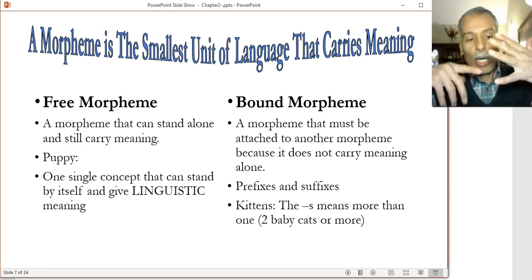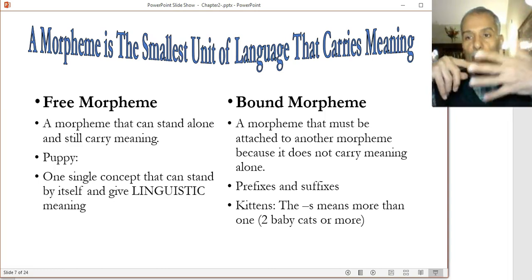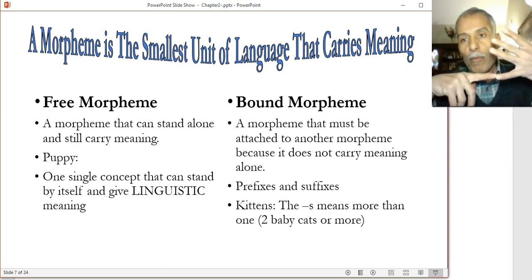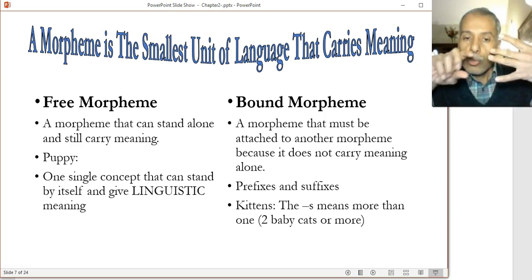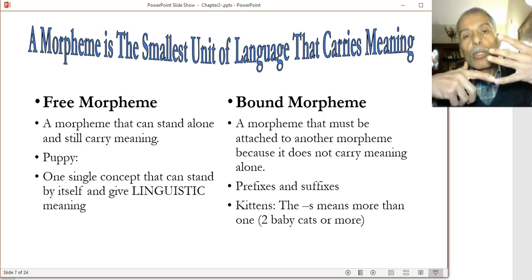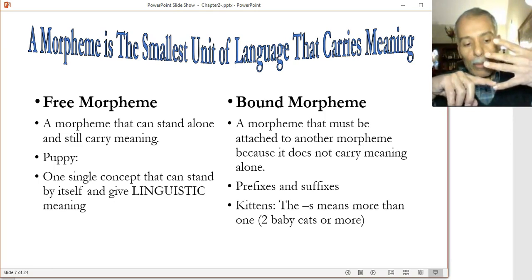A language is made out of 5 major parameters. You have phonology, which is the rules that you use to put sounds together in a language to make words and syllables. The raw material is the phonology.